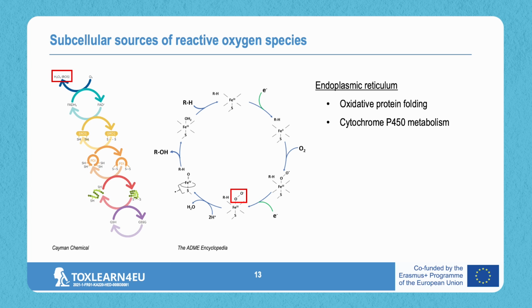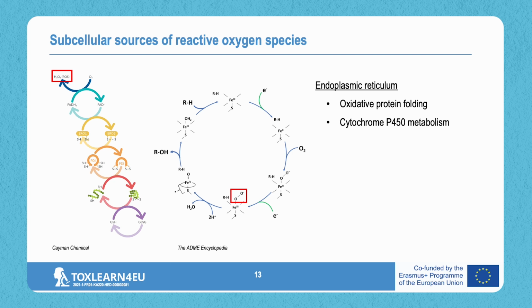On the other hand, cytochrome P450 metabolism is very important, and in this metabolism we try to convert toxic compounds to a more polar structure that we can eliminate, and in this way the cytochrome P450 metabolism is a crucial part of the ADME in toxicokinetics.